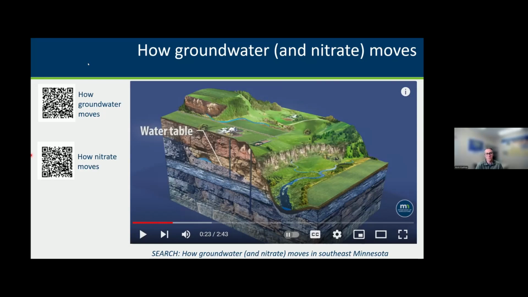Somebody said they would expect the stream loads of nitrate to go up during wet periods while the concentrations decrease. I think you were looking at concentrations, if I'm not mistaken. Yes, everything I was showing you is concentration related, but you're right.